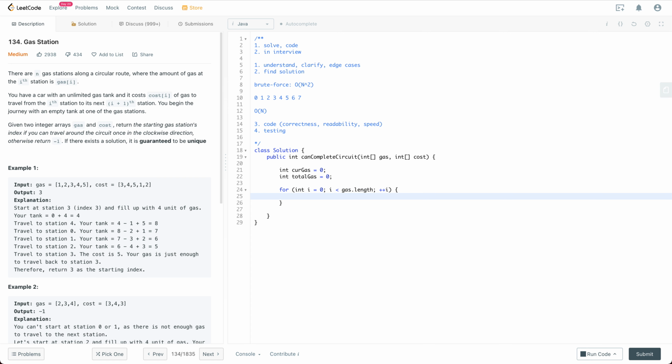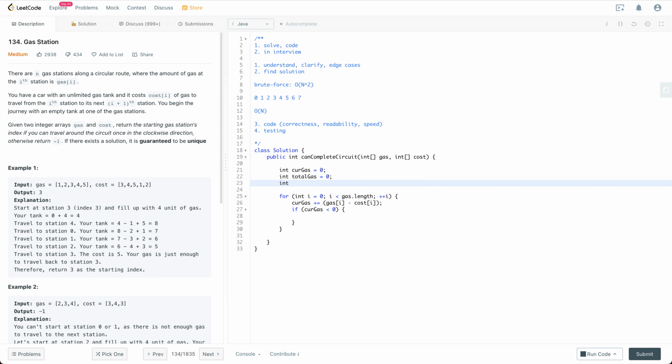So we are going to have the current gas plus equal to gas[i] minus cost[i]. If the current gas is smaller than 0, what we are going to do is just start from the next position.